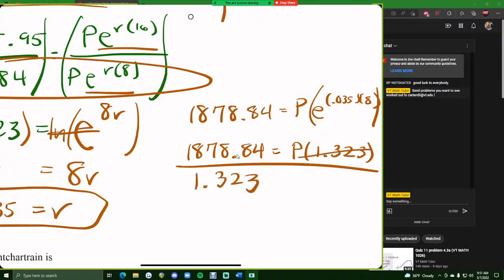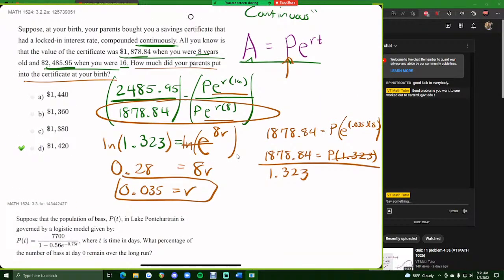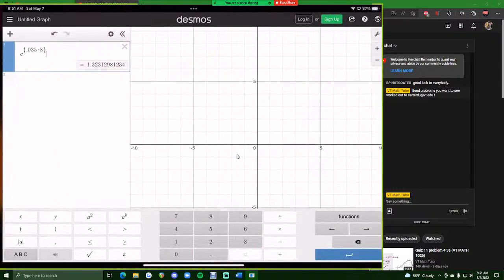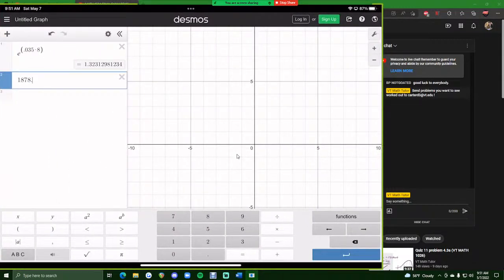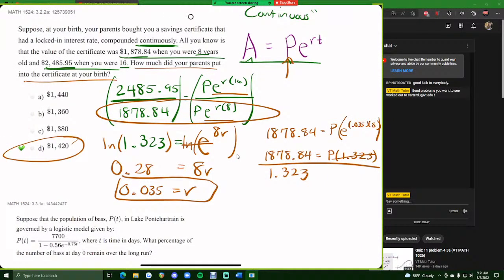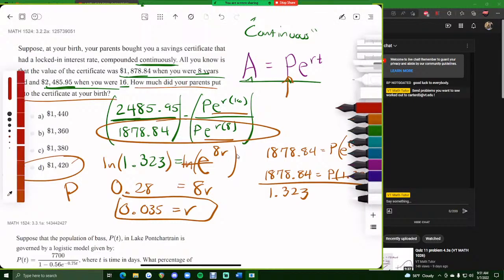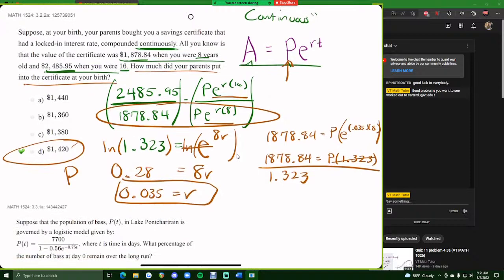So 1878.84 divided by 1.323 gives us 1,420. And that is our P value. That's the principal amount that they put into the account at your birth.